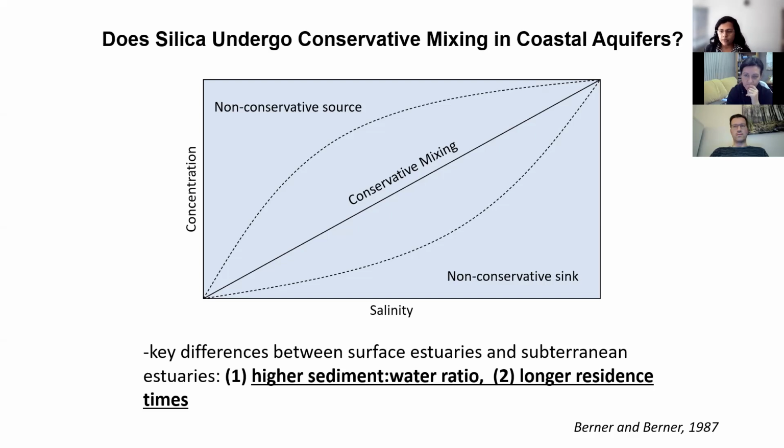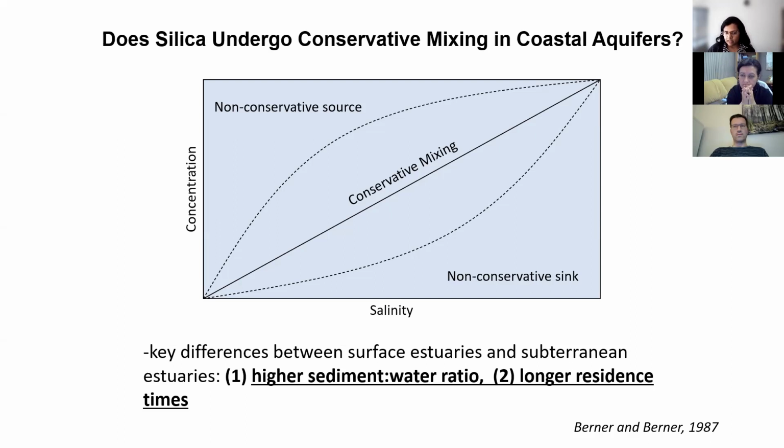And typically, if you see something above the line, there's a non-conservative source. And if you use any form of stable isotope work or anything like that, that's another way of confirming whether you have conservative or non-conservative sources and sinks along this salinity gradient.